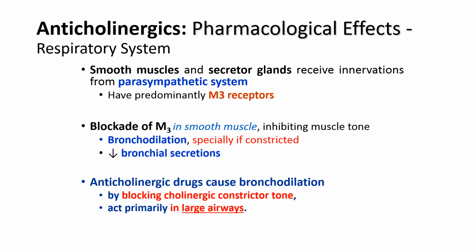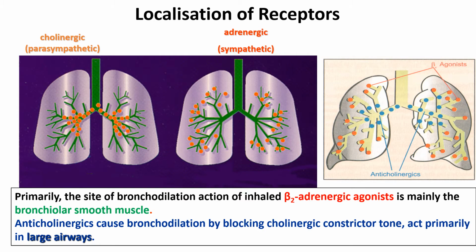Anticholinergics mainly affect the larger airways. As you can see in this picture, anticholinergics cause bronchodilation by blocking the cholinergic constrictor tone mainly in the larger airways.